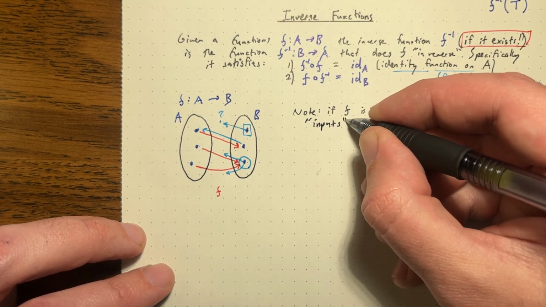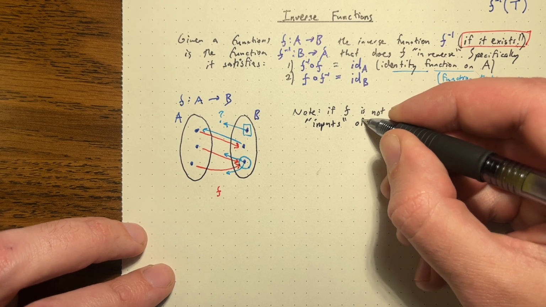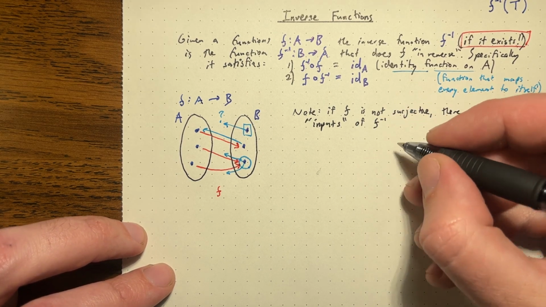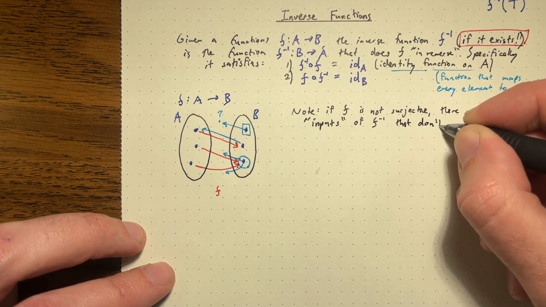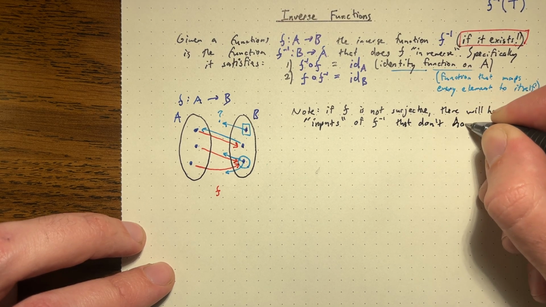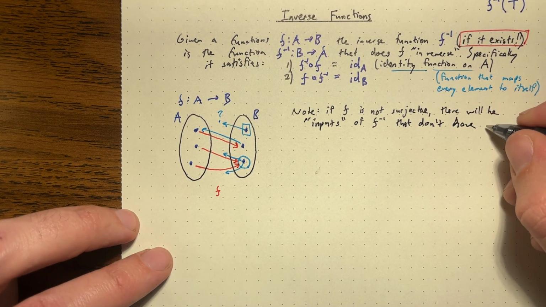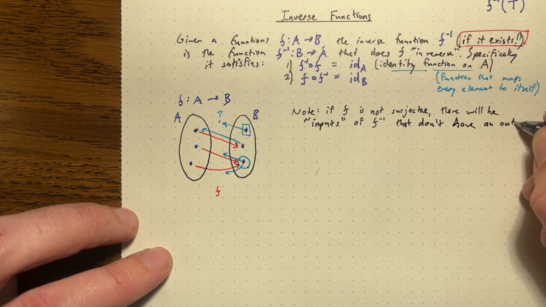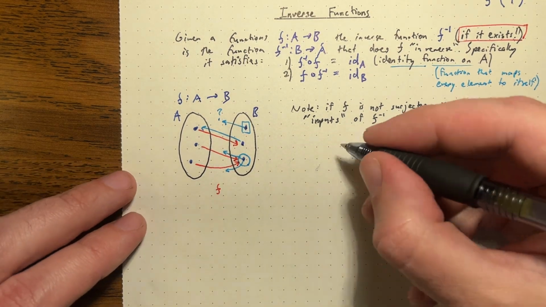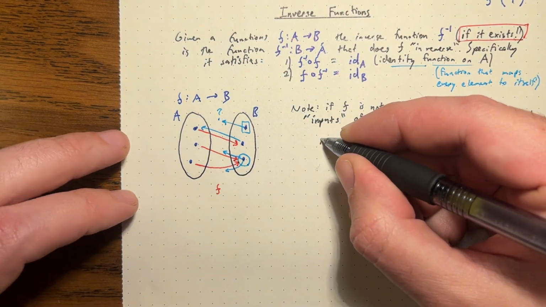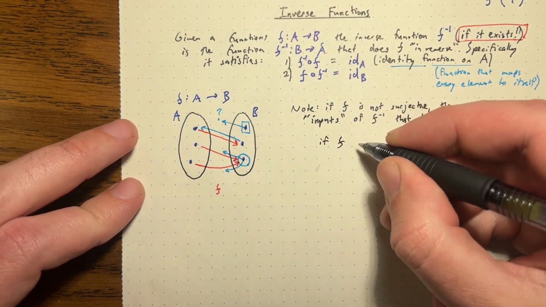So there'll be things I want to view as inputs of my inverse function that don't have an output, okay? So it's not going to be a function. Every input has to have an output. In fact, it has to have exactly one output. Here we didn't have exactly one output, so that's the other problem.